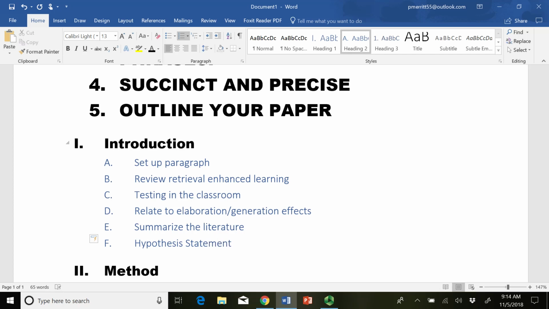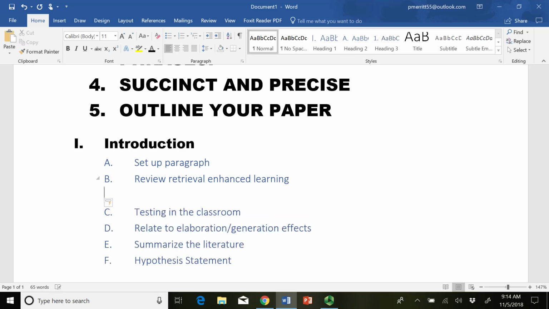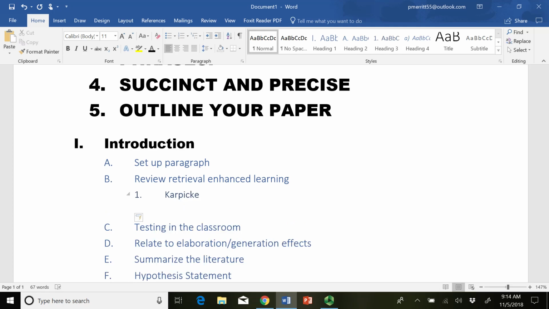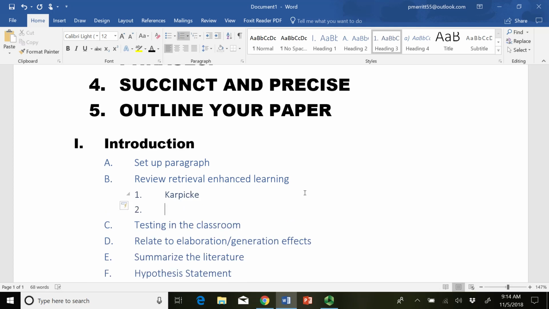So the reason you want to outline this is because you can then start to do things like, we're going to go on retrieval enhanced learning, and we're going to start with research by, say, Jeff Karpicke and his colleagues. And then you can talk about the next study, which might be a study by Mark McDaniel.